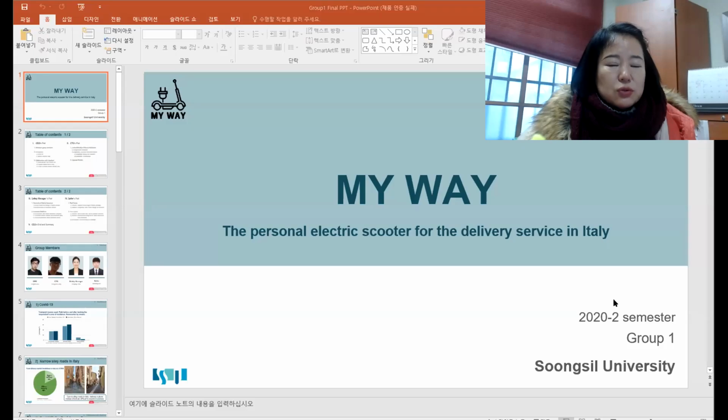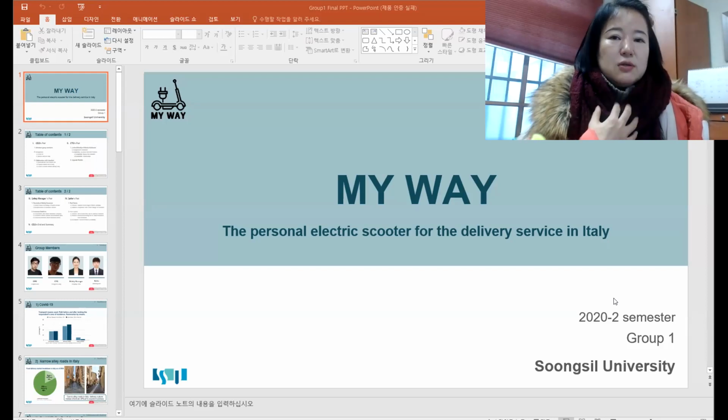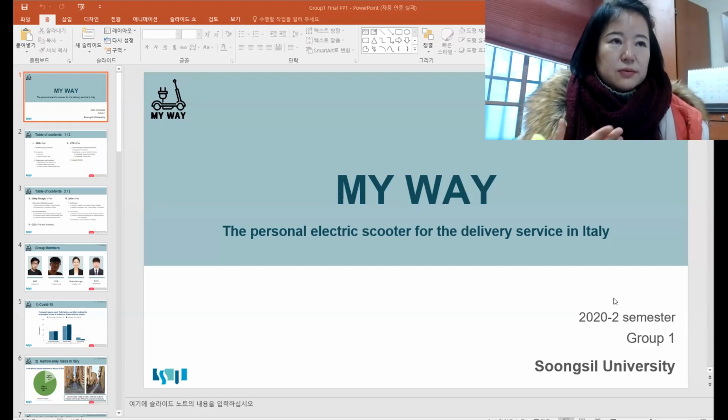Around midterm, after midterm, students are going to do a lot of work together at the same time in the Zoom discussion, or in just interactive non-face-to-face interviews, but during this kind of text interaction, students also talk a lot with me. And finally, one group decided their own topic: a personal electronic scooter for the delivery service in Italy.